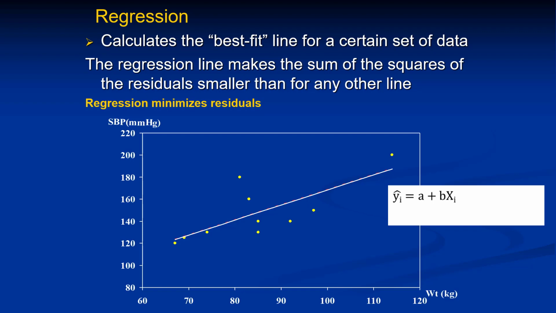We take the residual y sub i minus y hat sub i, we square those residuals and we add them up. We square because otherwise the positive residuals, where the observation lies above the line, will cancel out the negative residuals, where the observation lies below the line. The regression line makes the sum of the squares of the residuals smaller than any other line.